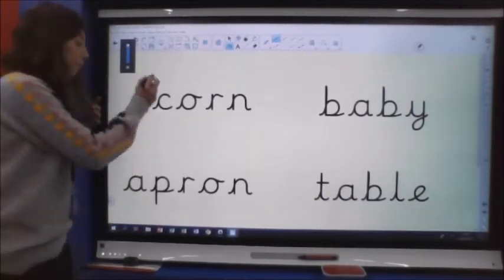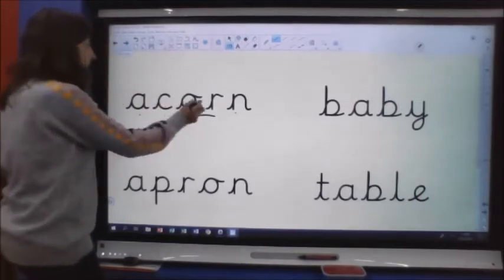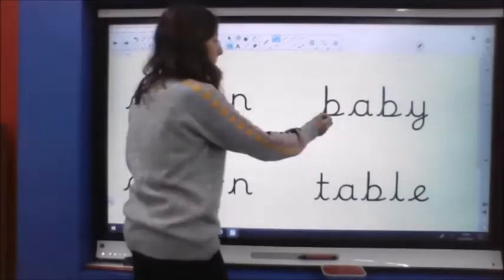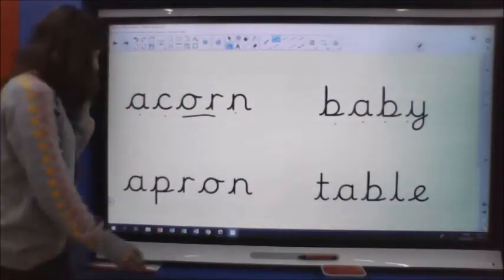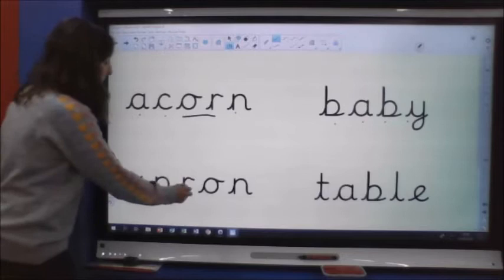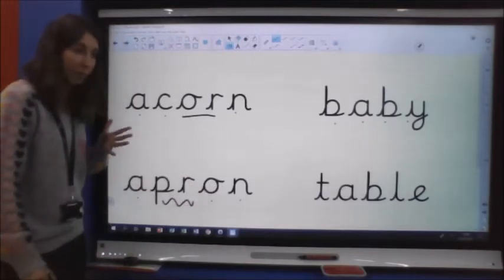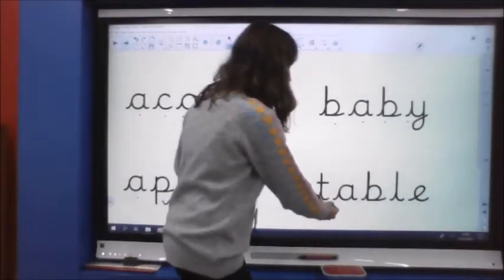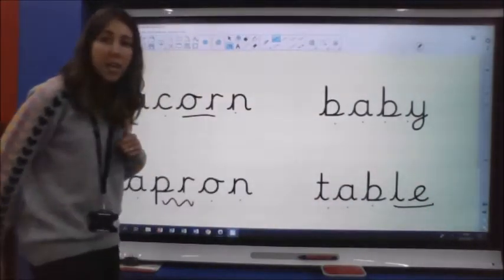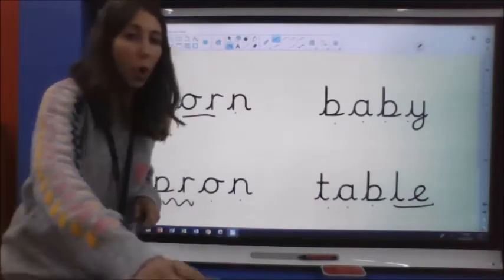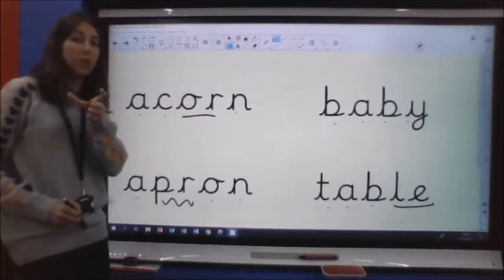Right, we have got acorn, baby, apron, and table. So the letter A, all on its own, is making the long A sound.